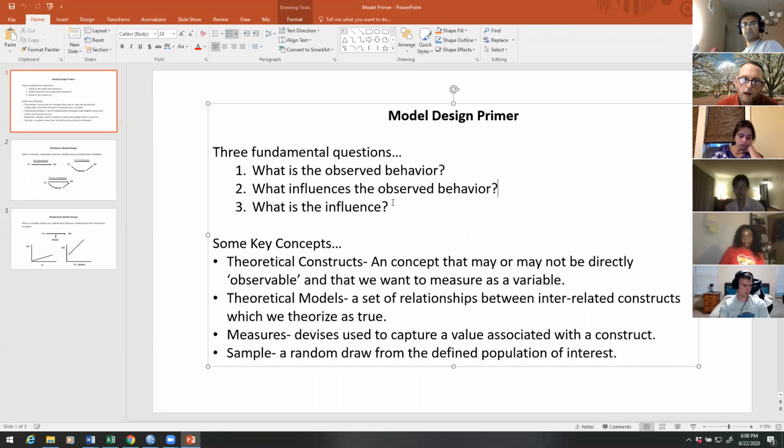I want to, as a researcher and as a marketing manager, I often see something that is happening, like in this case, a change in sales, or a change in consumer behavior, or a change in my competitors, or a change in the economy. Or I anticipate some change happening, and that's some type of observed behavior, as I call it here.